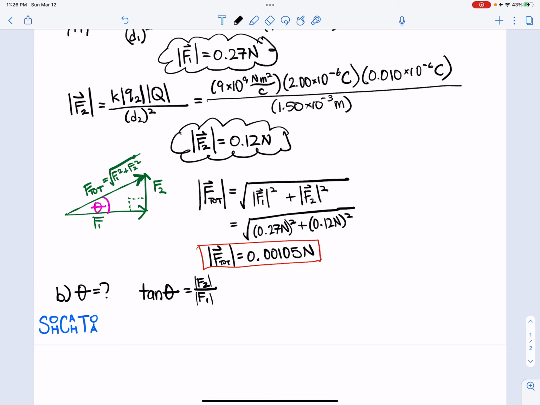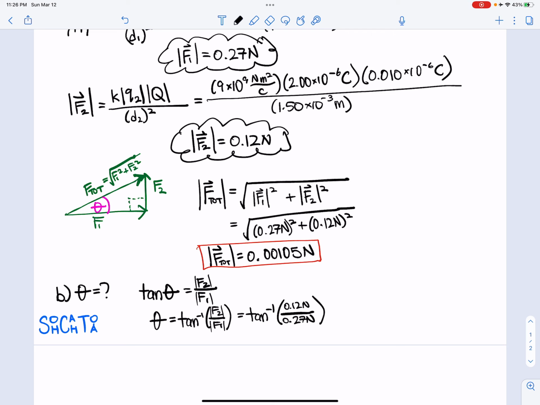So that means that theta is equal to inverse tangent of F2 over F1, which is equal to inverse tangent of F2, which is 0.12 newtons, over F1, which is 0.27 newtons.